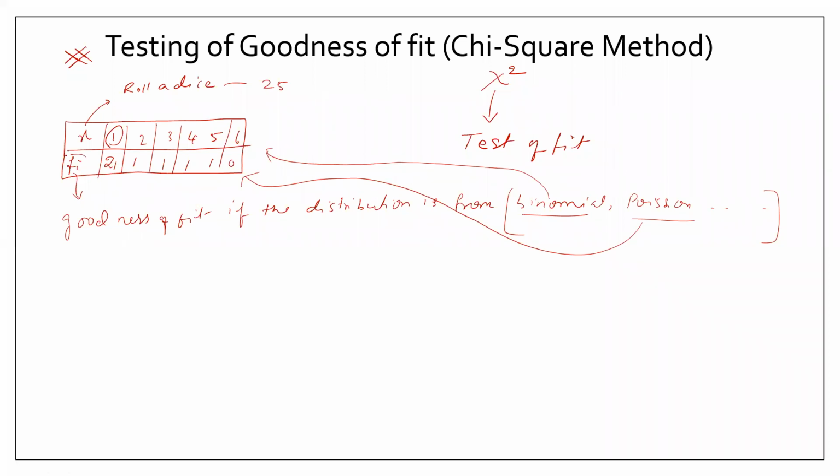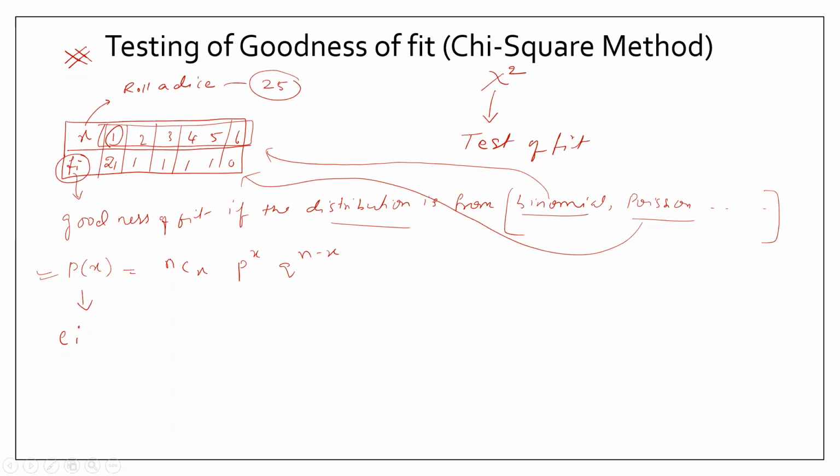This is the observed frequency in the experiment where the dice has been rolled 25 times. Based on the distribution they give, as you know, the binomial distribution is written as nCx p^x q^(n-x), and x values are given to you from 1 to 6. Based on this P(x), we will calculate the expected frequency, which in general I will represent with Ei.